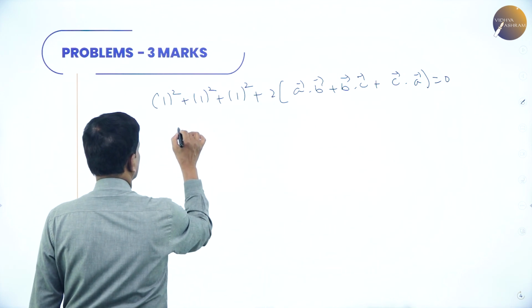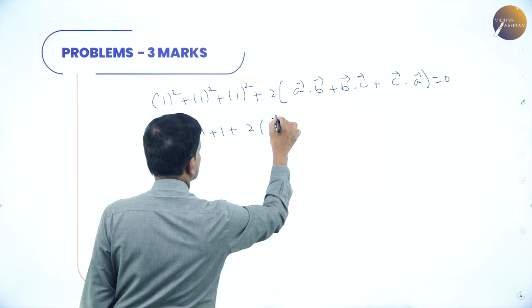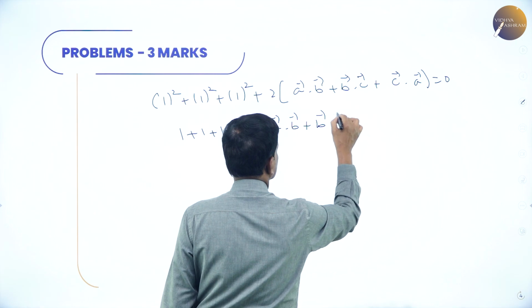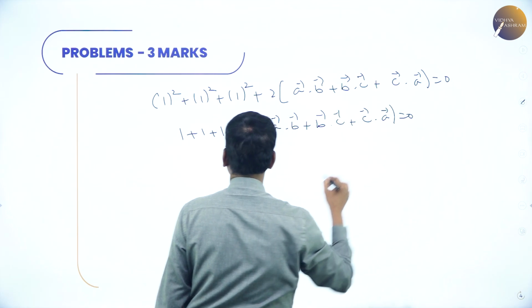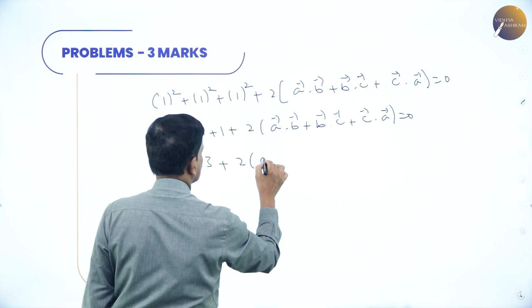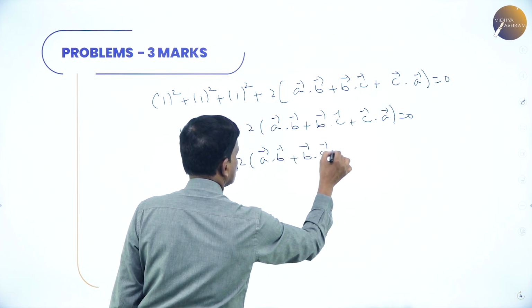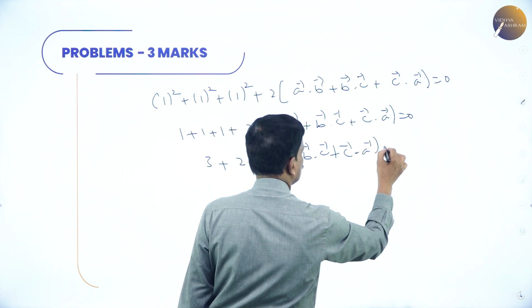Now 1 square is 1, so 1 plus 1 plus 1 is nothing but 3, plus 2 times A dot B plus B dot C plus C dot A is equal to 0.